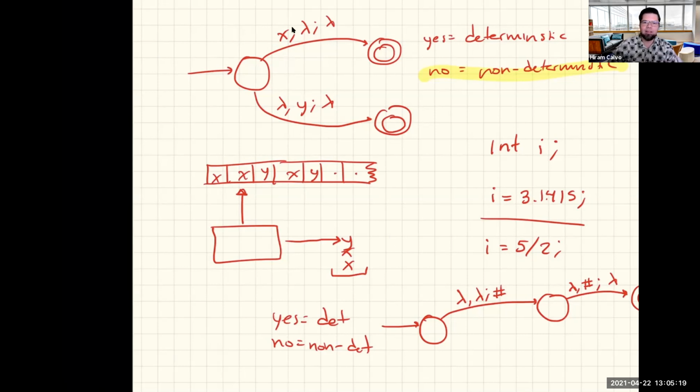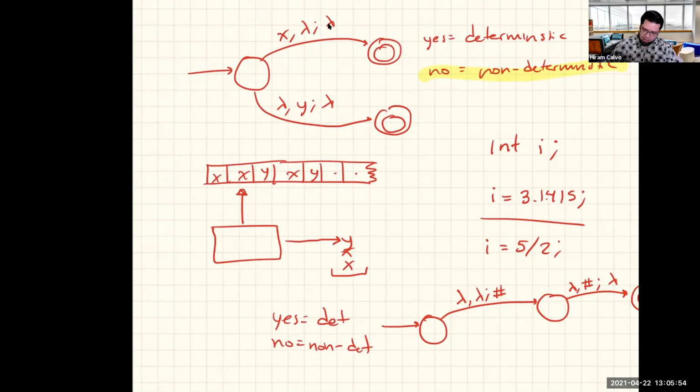Okay, so in this case, by unanimity, everyone said yes, because for this transition, it is just ignoring what is on the input string, not considering anything, and just adding a hash to the stack.